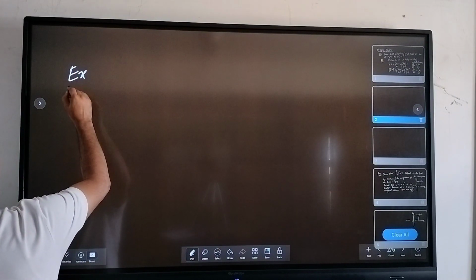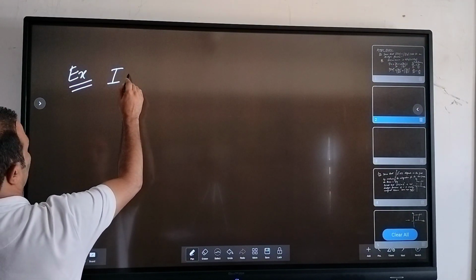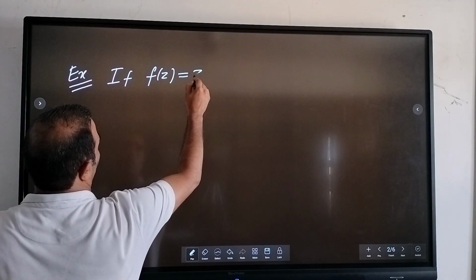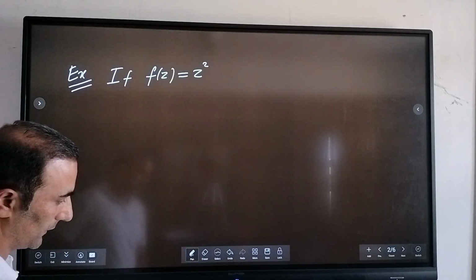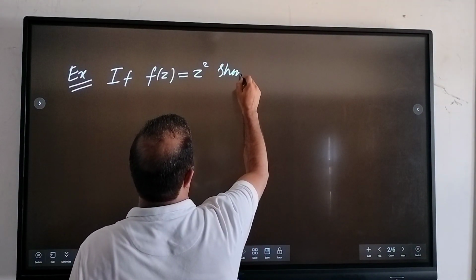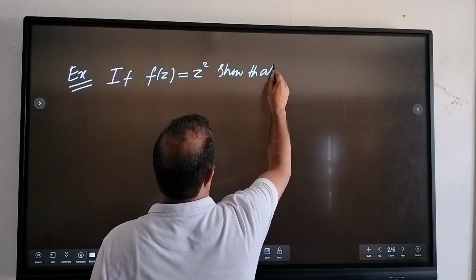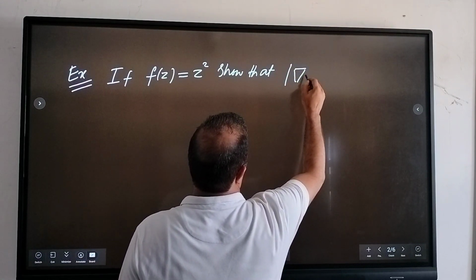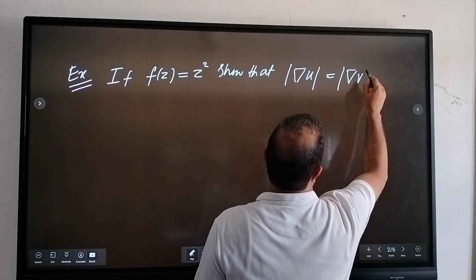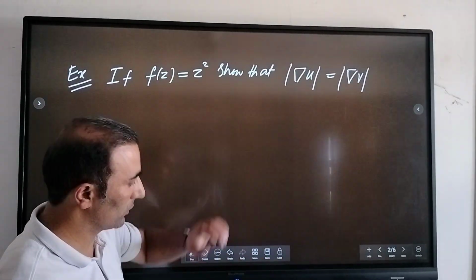If f of z is equal to z square, we need to show that nabla of u should be equal to nabla of v, right?